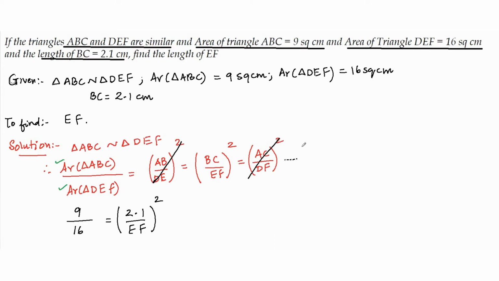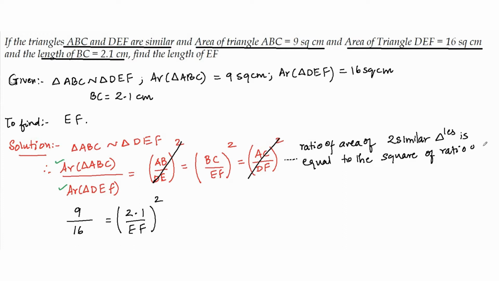And the reason that I will write for this is the ratio of area of two similar triangles is equal to the square of the ratio of their corresponding sides, right?